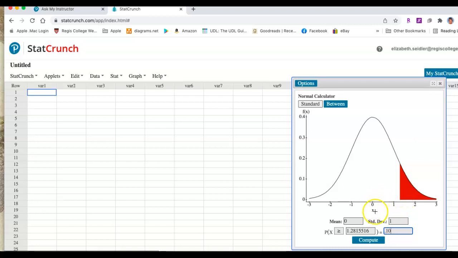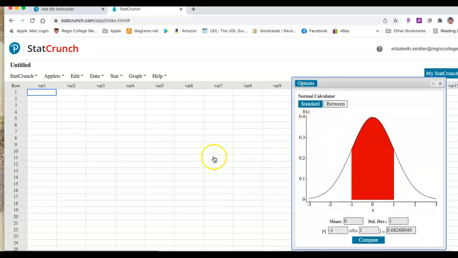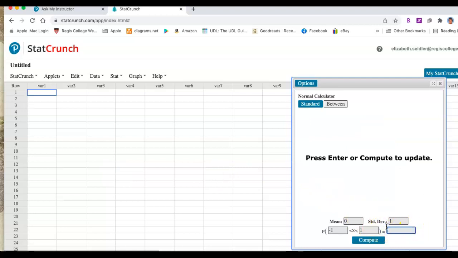Okay. I can also do a two-tailed test. Let me take these out right here because we don't have the data yet. So two-tailed test would be a between test. Now say I wanted to test at the 0.05 significance level.